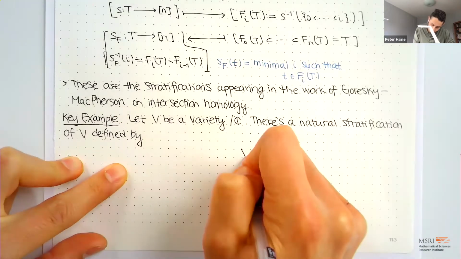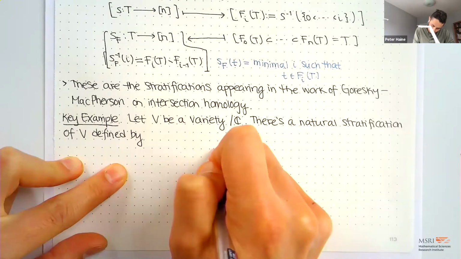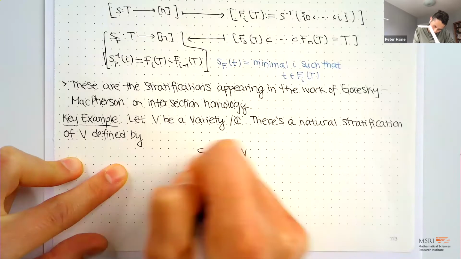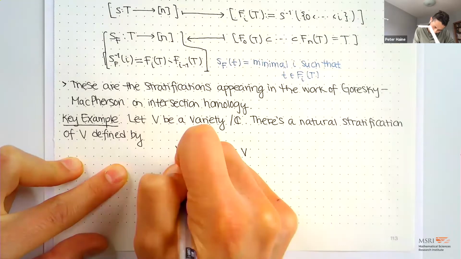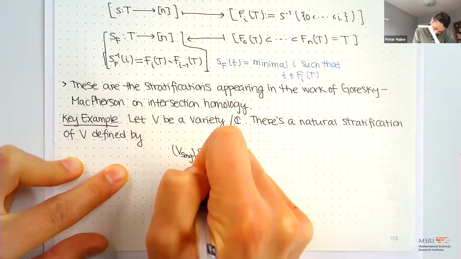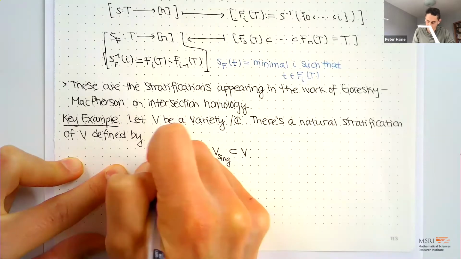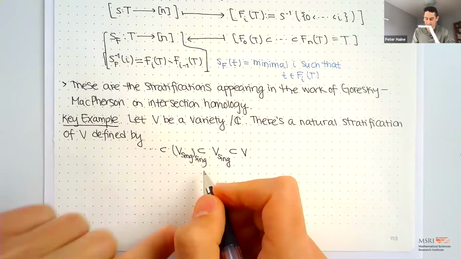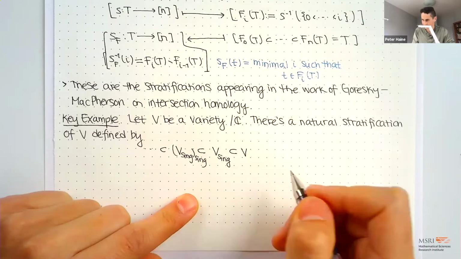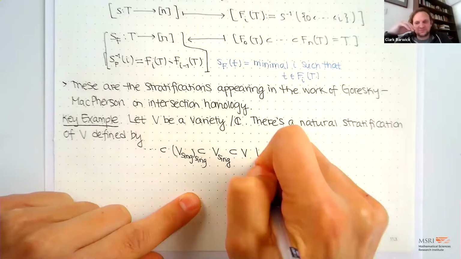So inside V, you have the singular locus. And then inside of that may still not be smooth, and you can take the singular locus of the singular locus, and you can keep on doing that. I'm writing this as a subscript because "sing" has and will mean something else, like the singularity of something. So, by singular loci.